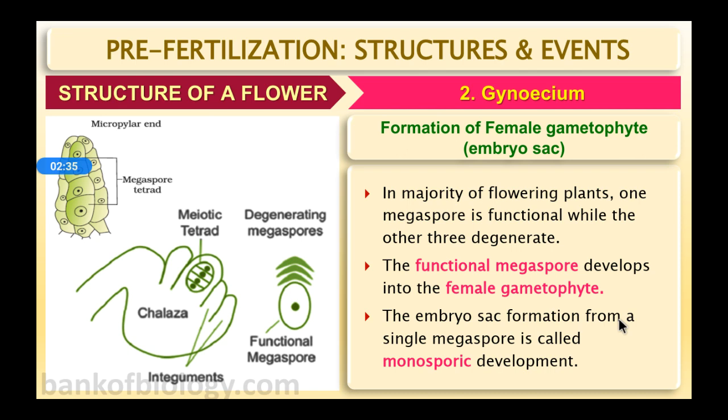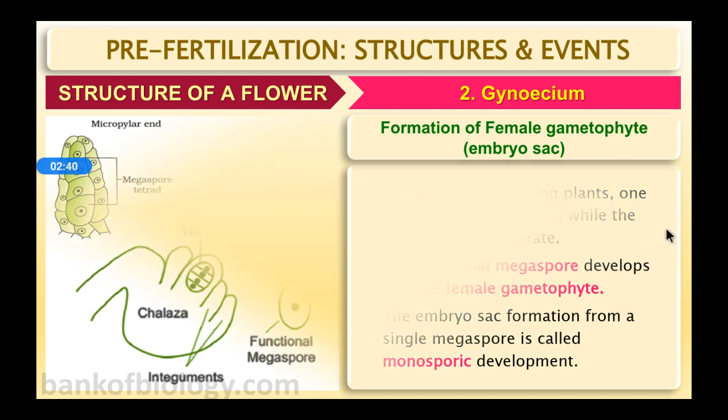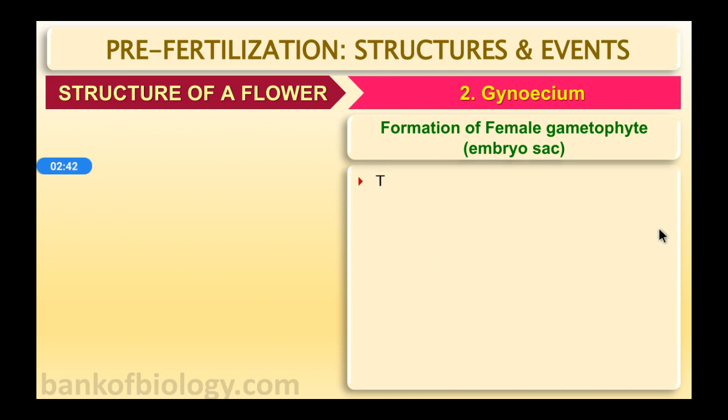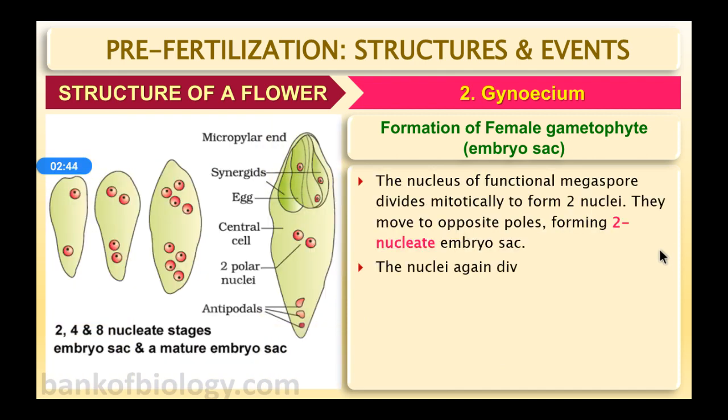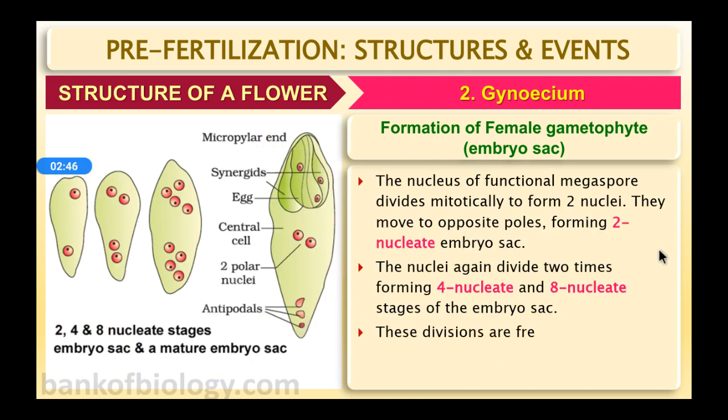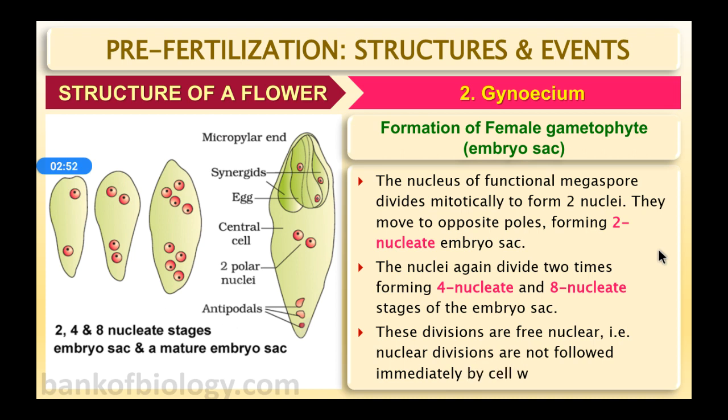Now we need to know the steps in monosporic development. The nucleus of the functional megaspore undergoes mitotic division and forms a 2 nucleate embryo sac: 1, 2.